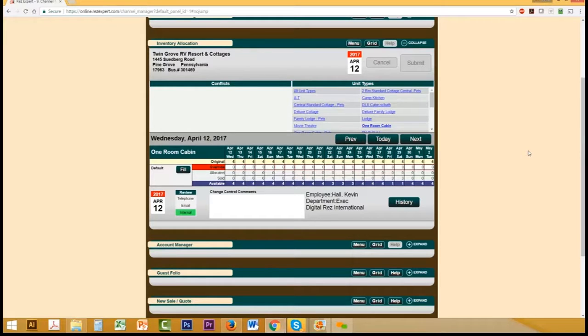Well, one of the things that we do have is if you were working with a particular wholesaler, so you know that this particular wholesaler can get you a lot of bookings, you could actually give that wholesaler a separate inventory segment and it would show up underneath here. And you can say, out of my default inventory, these guys can have 20% or 10 units at any particular time of the year. And when you're busy, you can say, well, I don't get any then because I know I'm going to sell it myself.